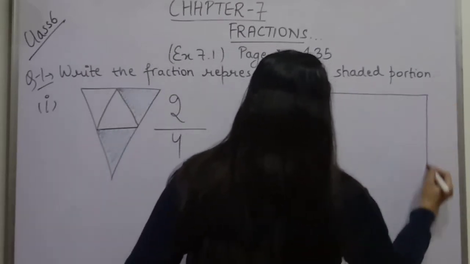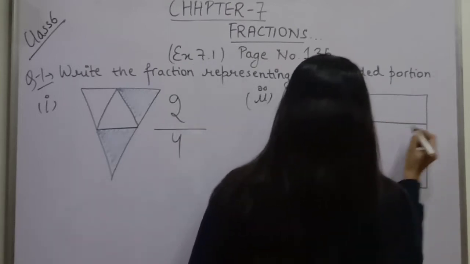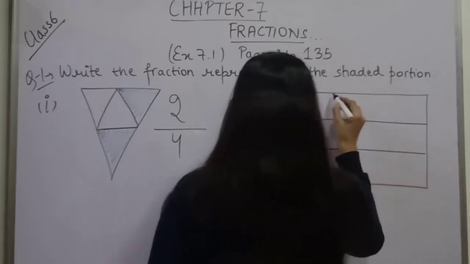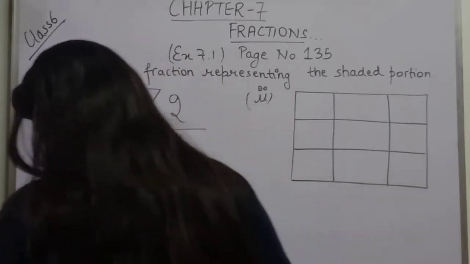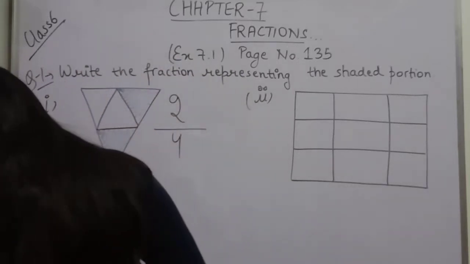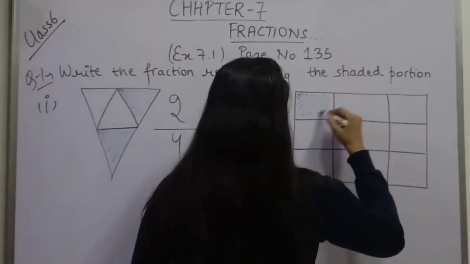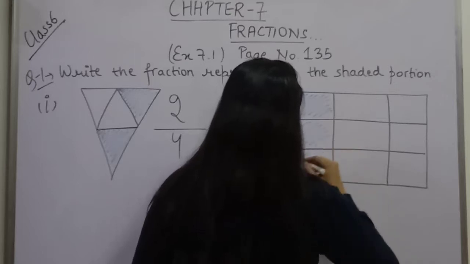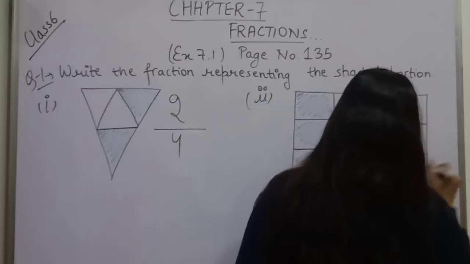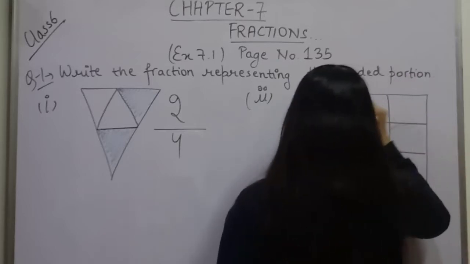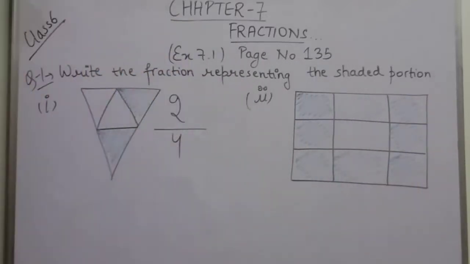So this is the figure of part number 2. And इसमें से shaded कितने parts है? Let's check. Alright. Almost सारे parts shaded हैं. So now we have to write the fraction of this part.